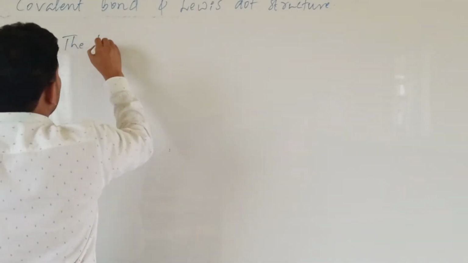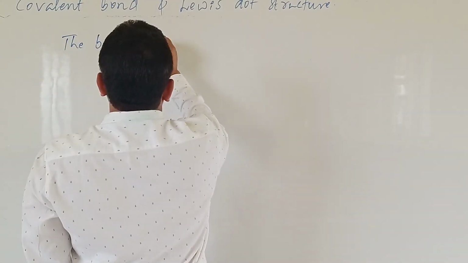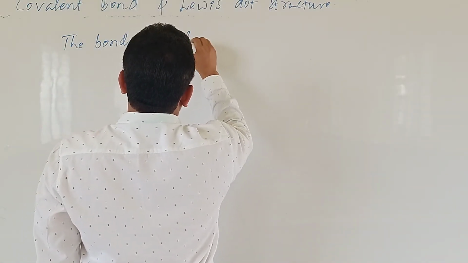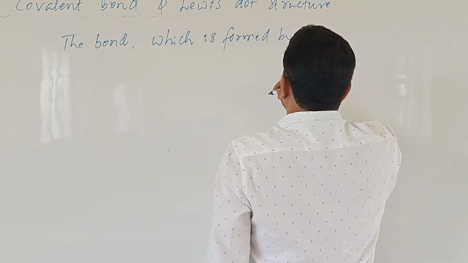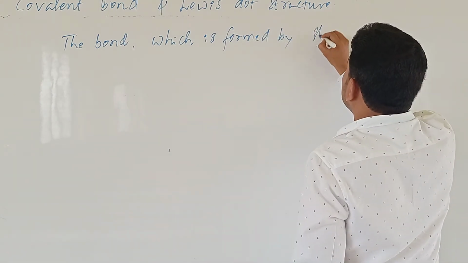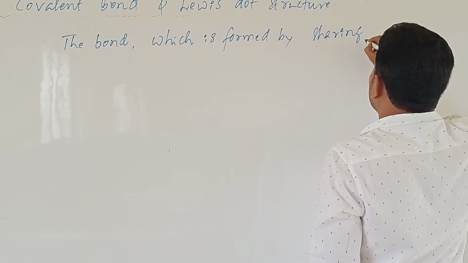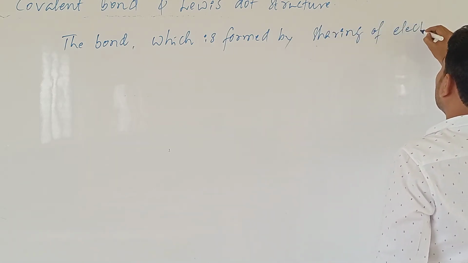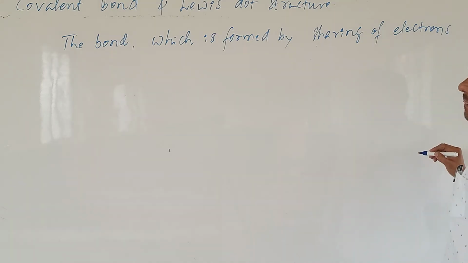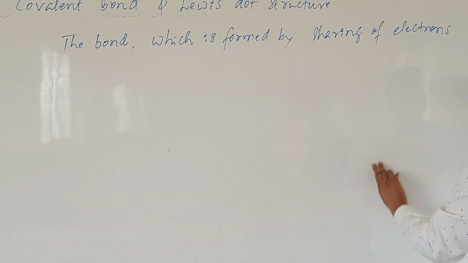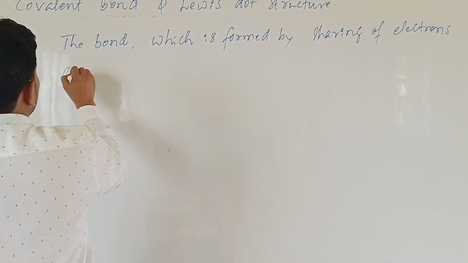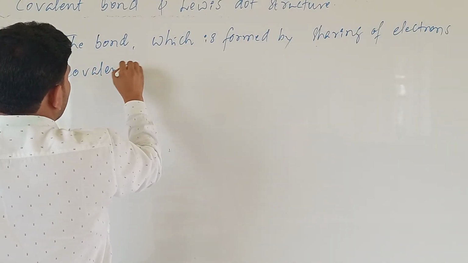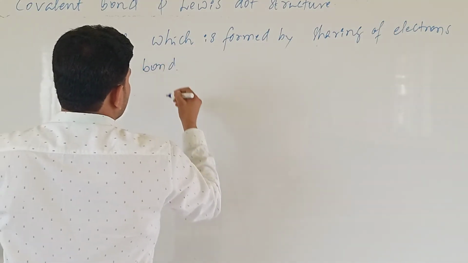The bond which is formed by sharing of electrons is called a covalent bond.